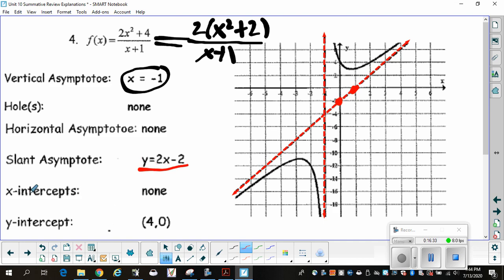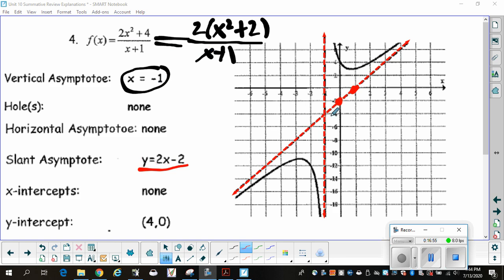The x-intercepts, that's when y equals 0. So when y equals 0, notice that that can't happen. That does not happen. Let's see here.